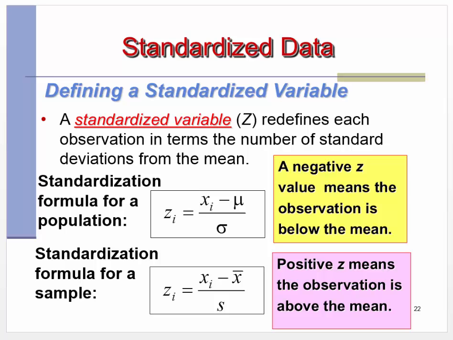Standardized data. Basically, what is standardized data? A standardized variable, or Z, redefines each observation in terms of the number of standard deviations from the mean.